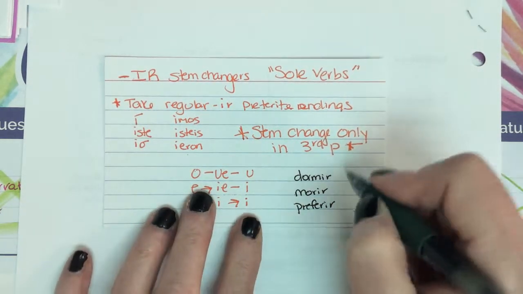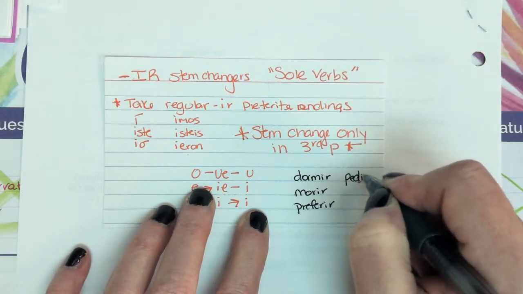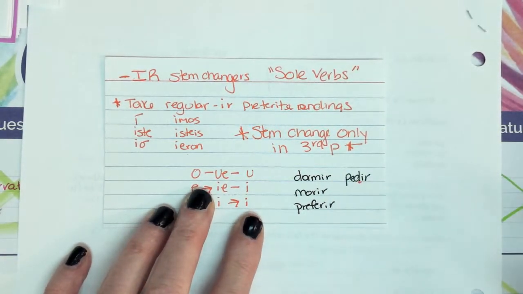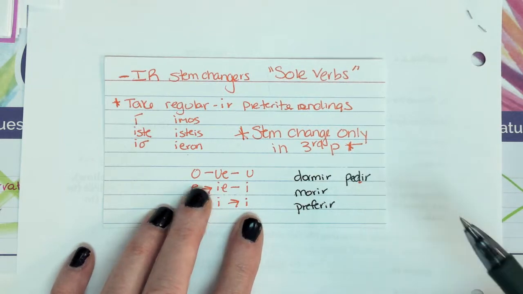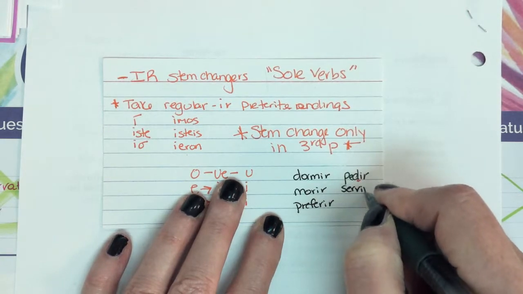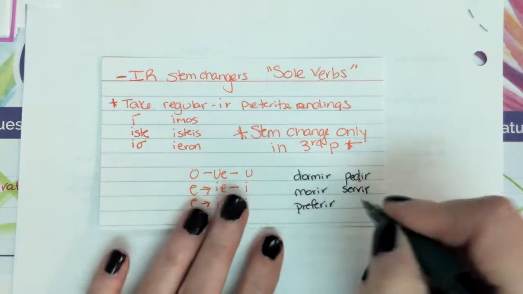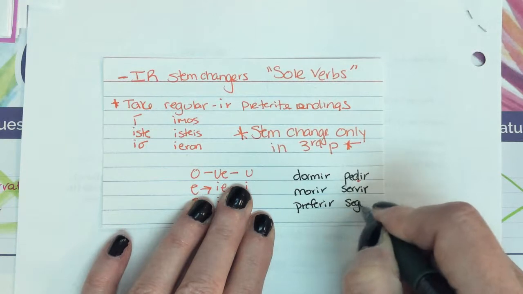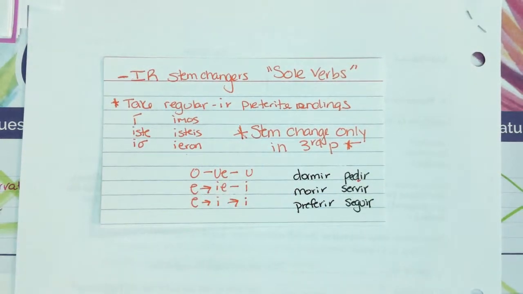And you can think of all kinds, like dormir, morir, preferir, pedir. We've had servir, seguir, we've had lots of them.